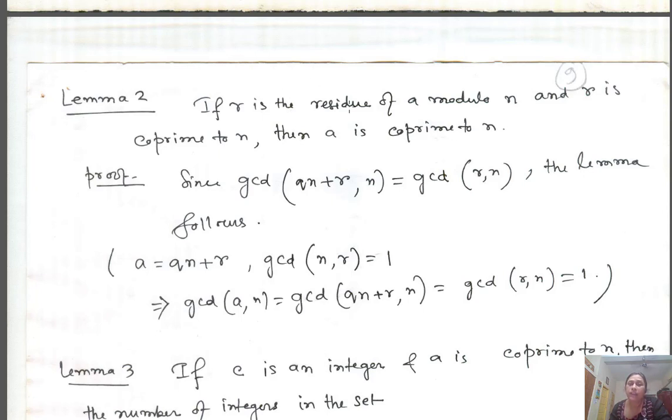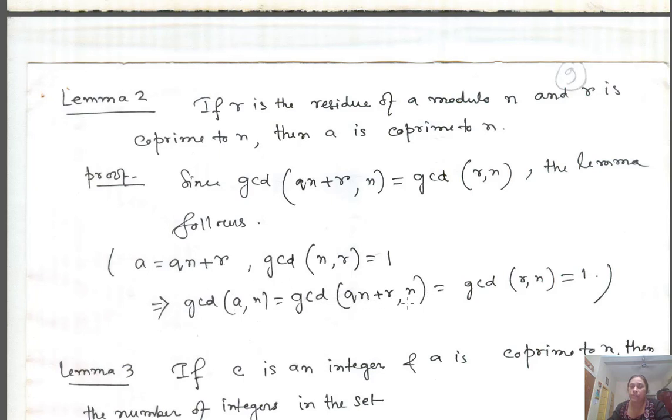Okay, if R is the residue of A modulo n, that means A is some Qn plus R, and R is co-prime to n, that means GCD of R, n is equal to 1, then A is co-prime to n. Earlier, we have proved this result. GCD of A, n is GCD of Qn plus R, comma n.